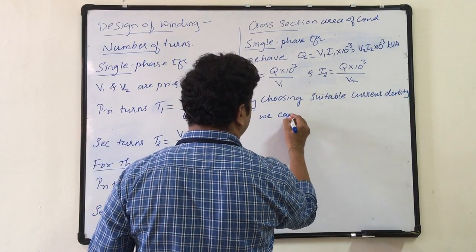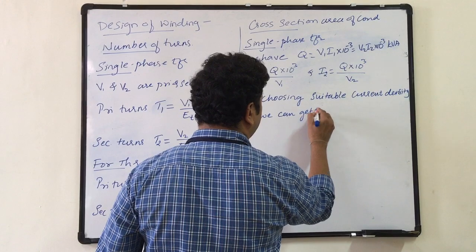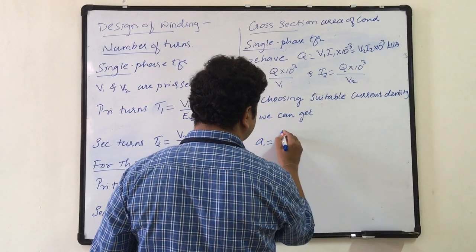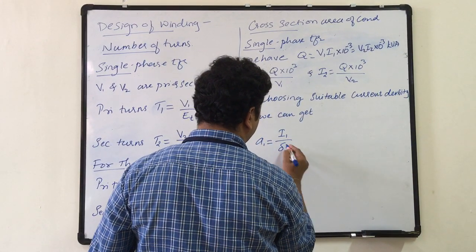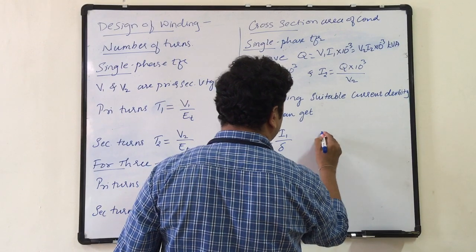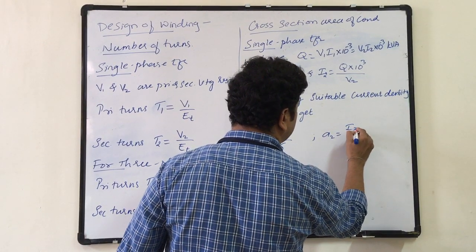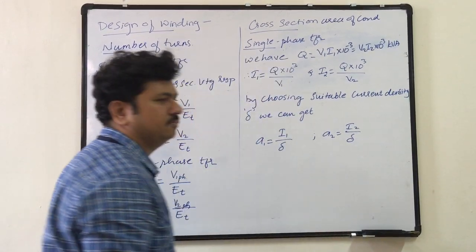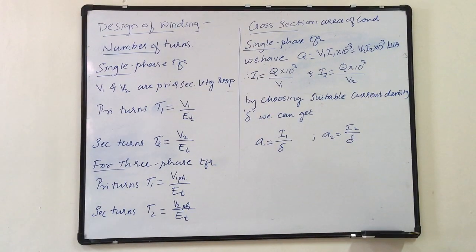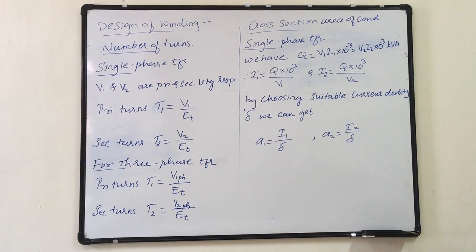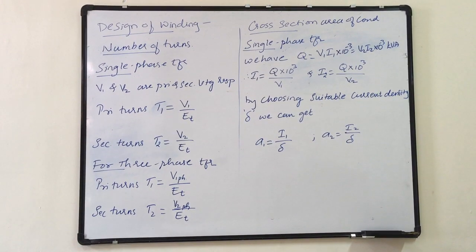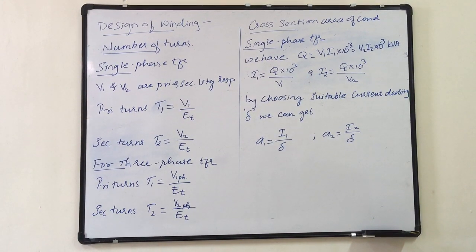We get A1 equal to I1 divided by delta, and A2 equal to I2 divided by delta. This is the area of conductors in primary and secondary for a single phase transformer.